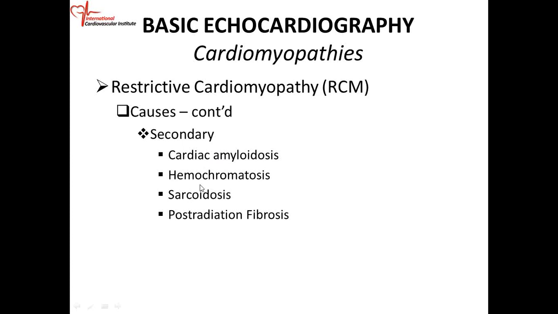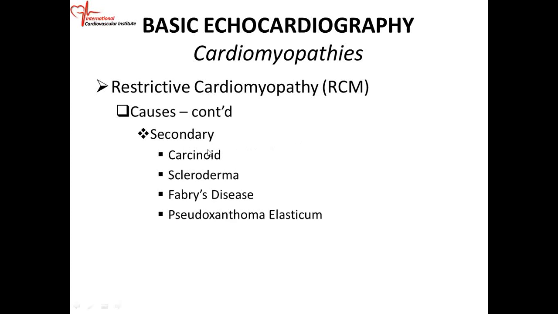Sarcoidosis can also cause both. Radiation therapy, you can get post-radiation fibrosis, where the heart muscle becomes fibrotic and rigid. And then carcinoid, scleroderma, Fabry's disease, pseudoxanthoma elasticum. These are some secondary causes.